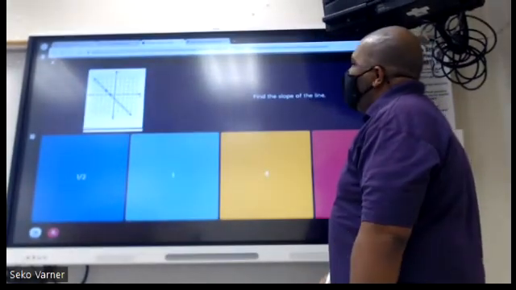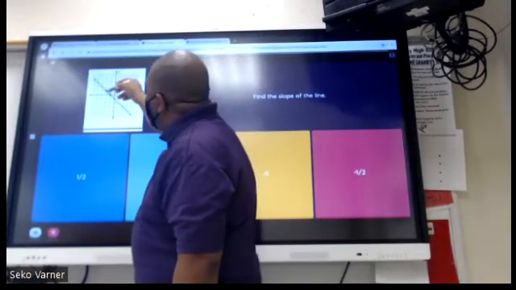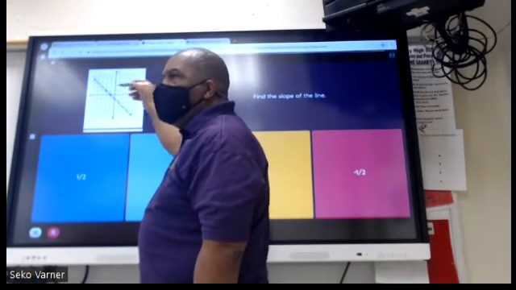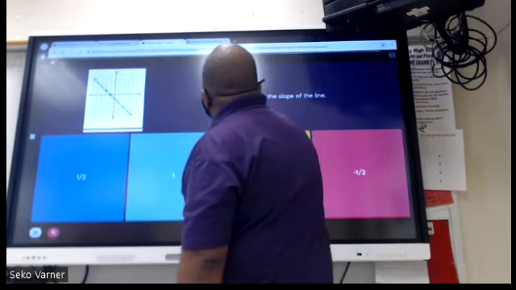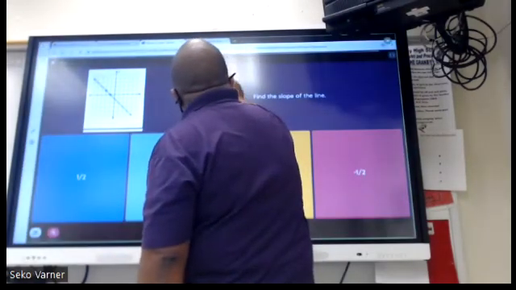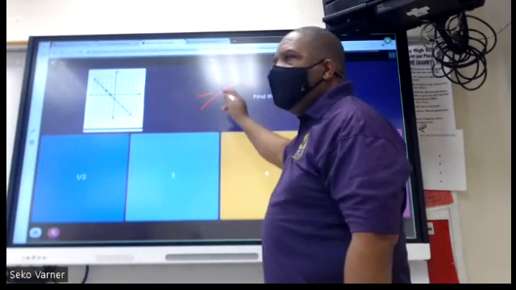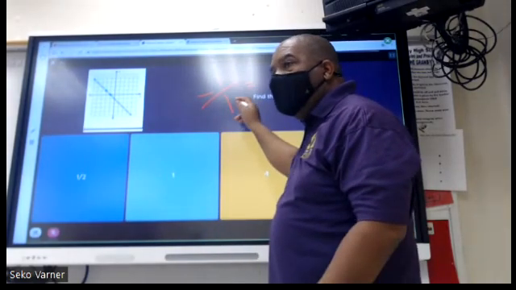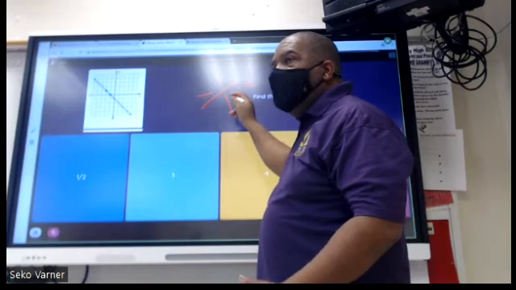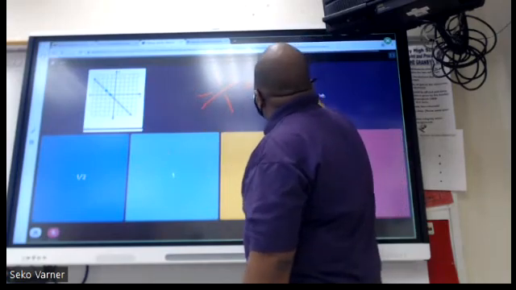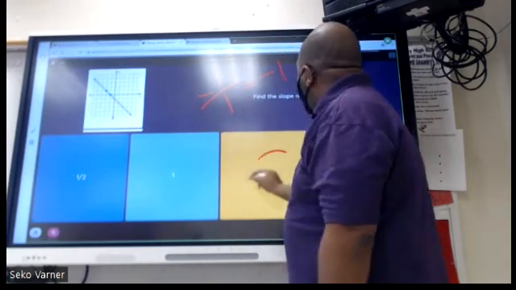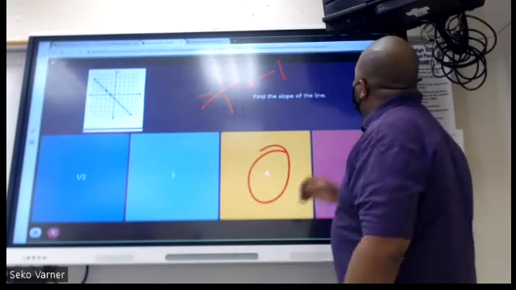All right, find the slope. This one is easy. I go down 1, I go over 1. Whenever I have a number at the denominator, the bottom number is 1. So the answer is negative 1. Is negative 1 one of the options? Right there.